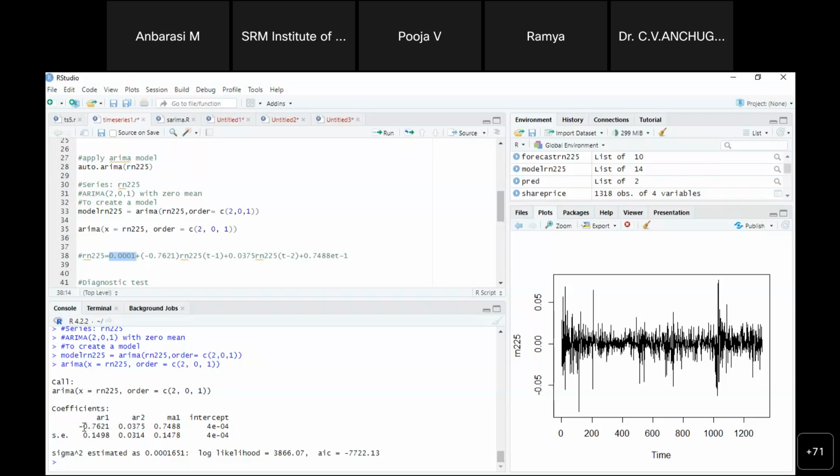So the constant is plus 0.7621 multiplied by R_n 255 at t minus 1, plus the next term, 0.0375 multiplied by R_n 255 at t minus 2.